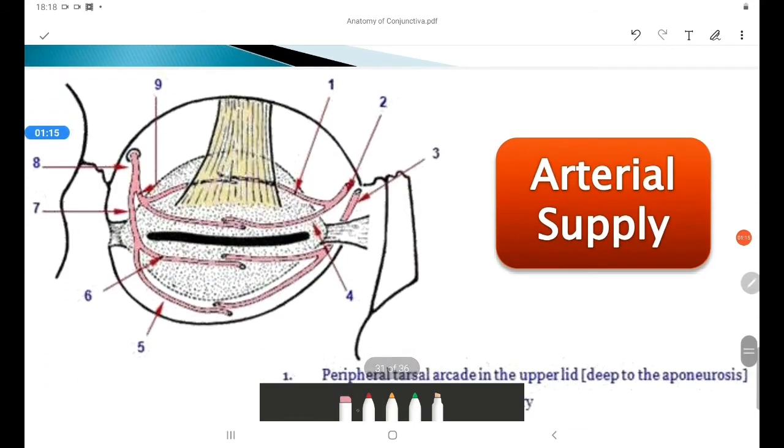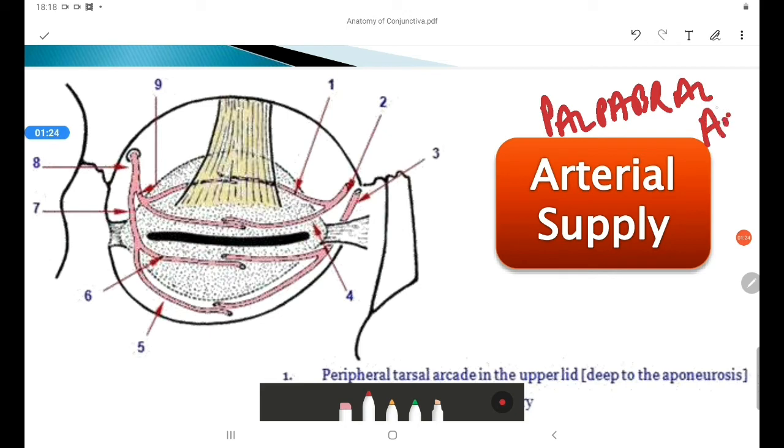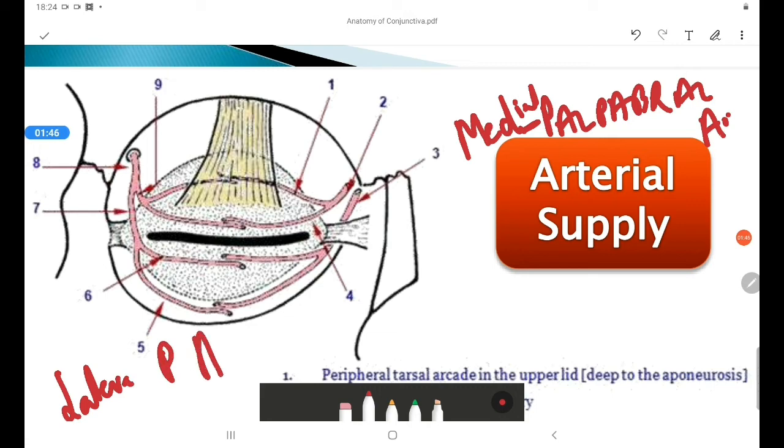To begin with, there is a palpebral artery. Since we are discussing things in the lid, we know palpebral is a common terminology. So we should know that there is a medial palpebral artery and there is a lateral palpebral artery.